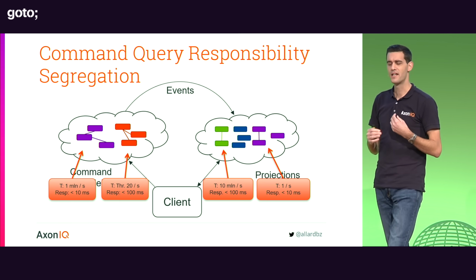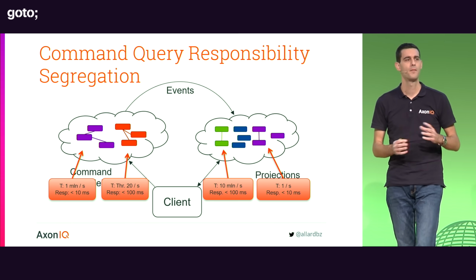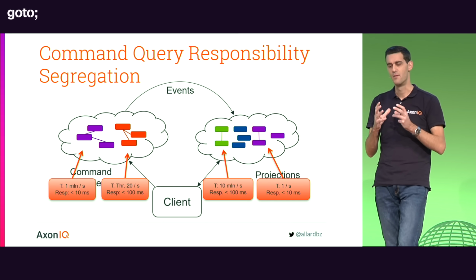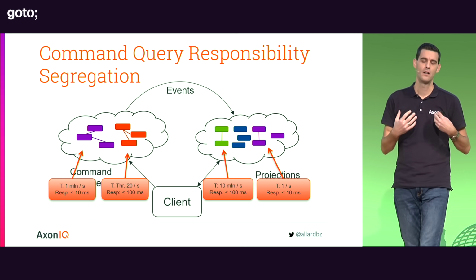And what we can now do is take into account these different non-functional requirements that we have in different parts of our application. Because now we have modularized, if you will, our domain model.